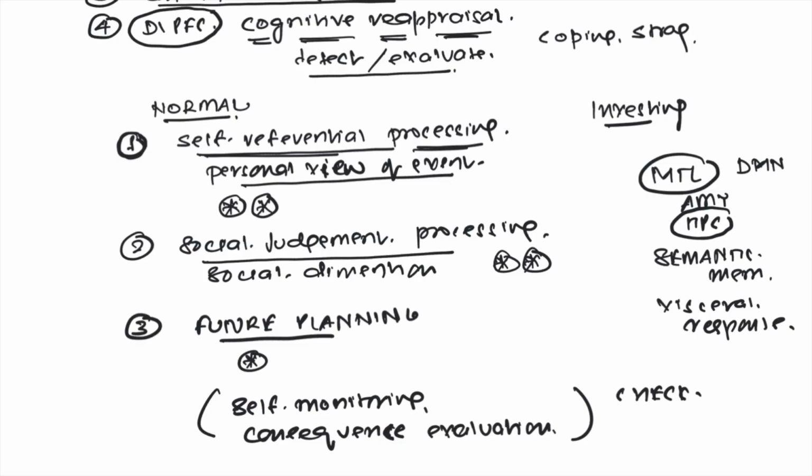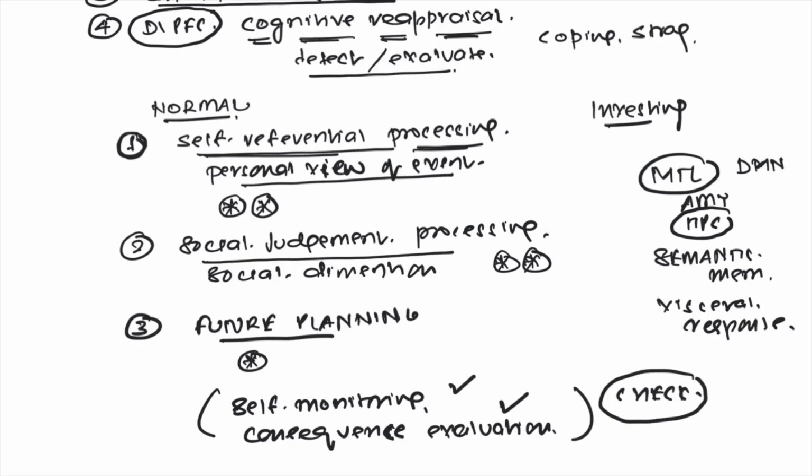An intact default mode network will help with self-monitoring and consequence evaluation so you keep yourself in check. So what happens is that you will not make an investment which was a bad investment in the past, or you will not make an investment without consulting other people around you. So that's a function of a properly functioning default mode network.